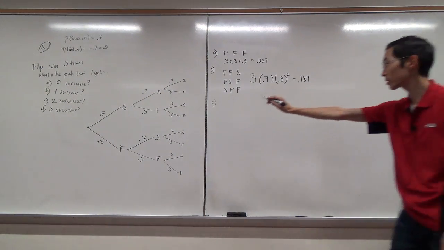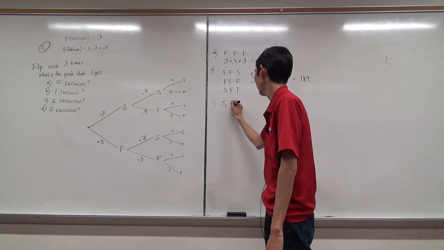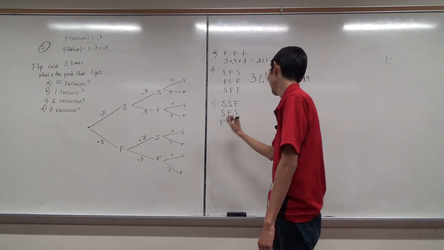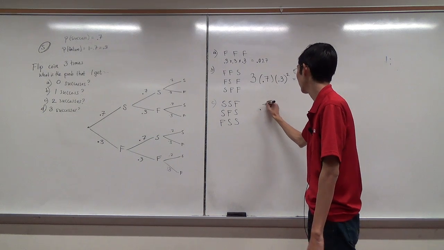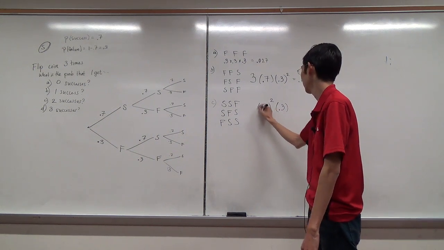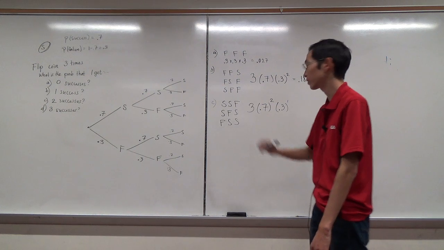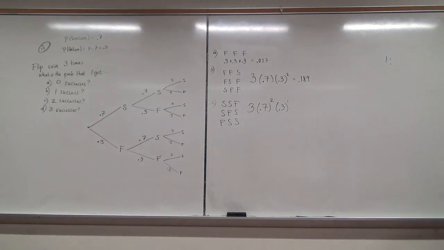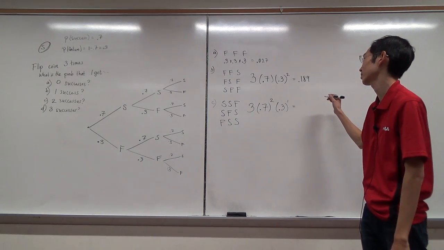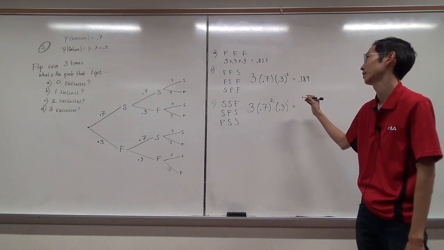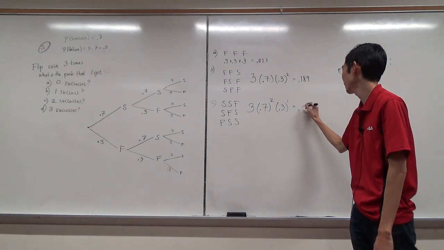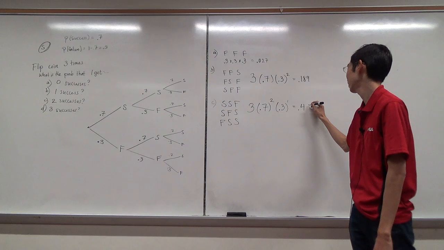And so for 2 successes, I would have success, success, failure, SFS, and FSS, okay? And so each of these I would have 0.7 twice and 0.3 once. Is that okay? And 3 different ways for that to happen. And I can't do this in my head. 0.441?